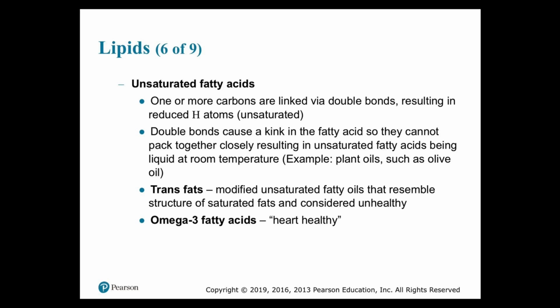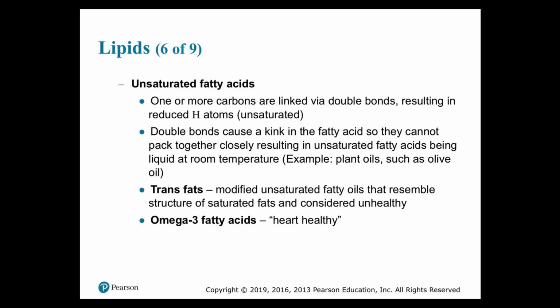There are also trans fats and omega-3 fatty acids. Trans fats are modified unsaturated fatty oils that resemble the structure of saturated fats, and they're considered unhealthy. That's why Canadians have removed them from a lot of baked goods, where they're usually found. There are still small amounts, but less than the acceptable amount.